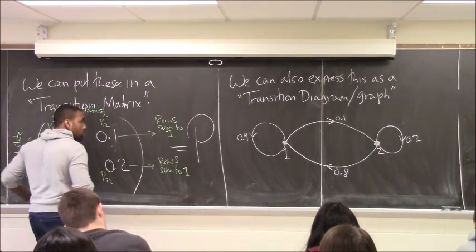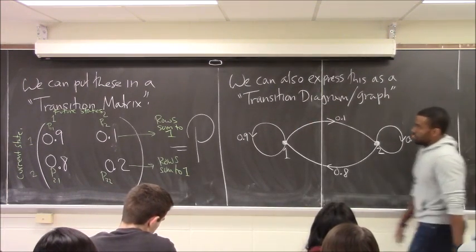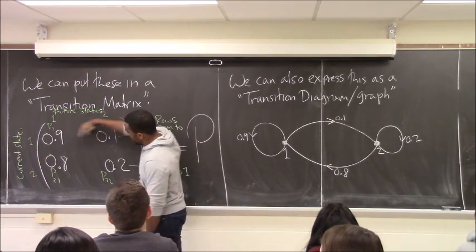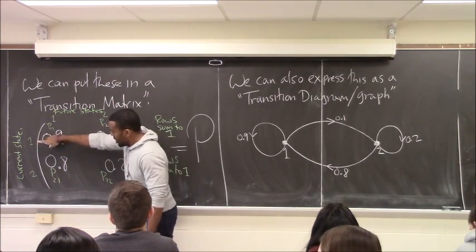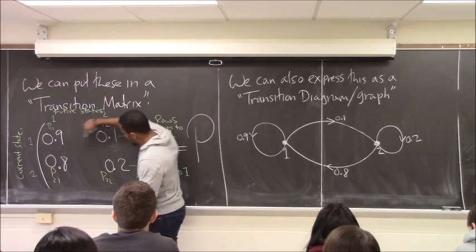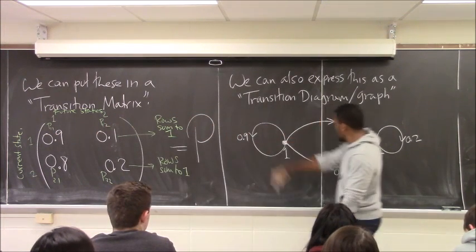I want you to also notice that the rows sum to 1. That's because it is the sum of all probabilities: if you're in state 1, you'll either stay there or you jump to somewhere else. That's all the probabilities for if you start out in state 1, so the sum must equal 1 by our axioms.